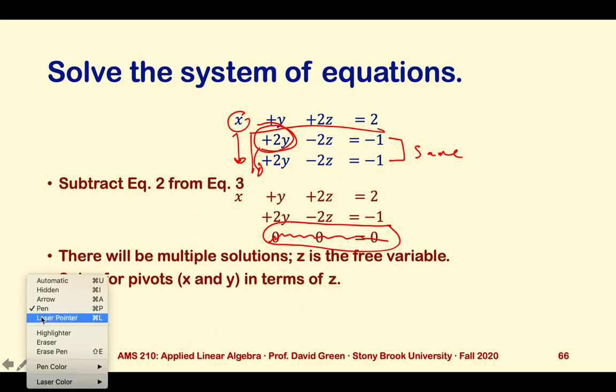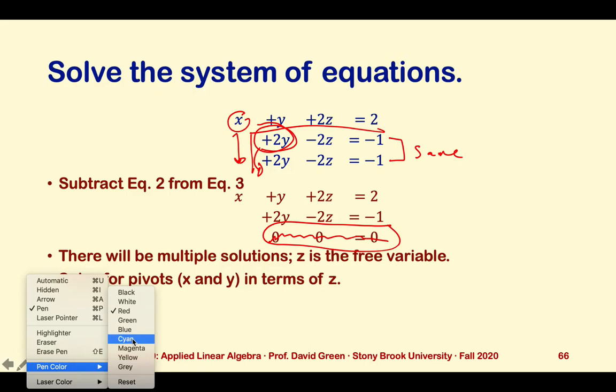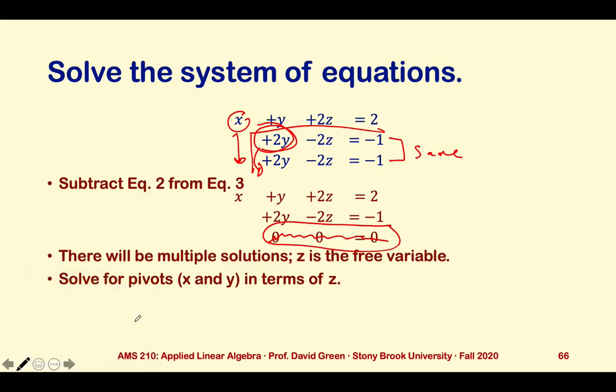At this point, we now can recognize that we have our upper triangular form. We have a pivot in the x position of the first equation, a pivot in the y position of the second equation, and we don't have any other meaningful equations.